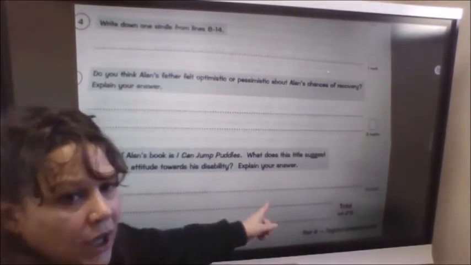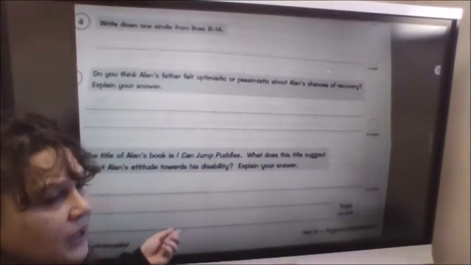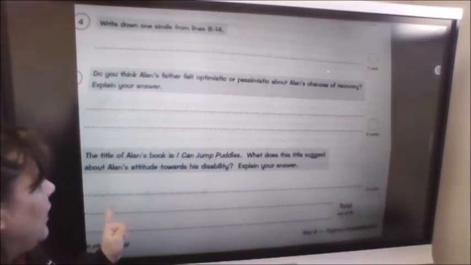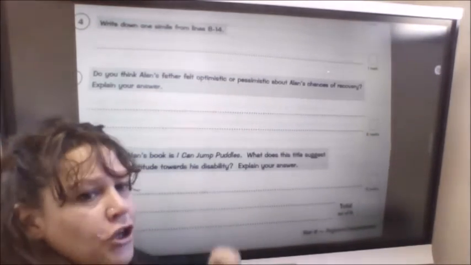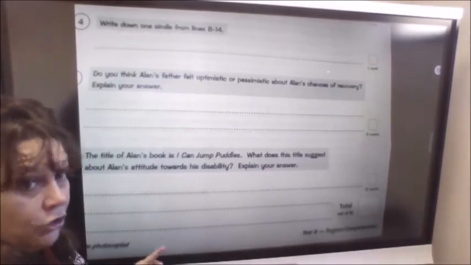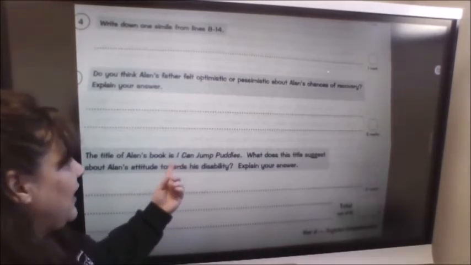Now it's a 2-marker, so I'm looking for some detail in that. I don't just want an answer that says, I think he's got a positive attitude. You need to say why. So you could say, I think he's got a positive attitude because he says, I can jump puddles.